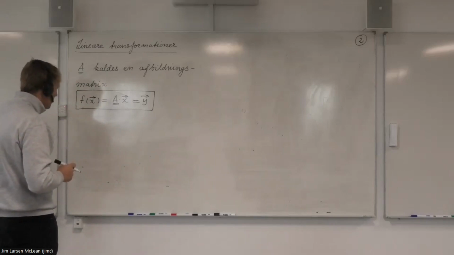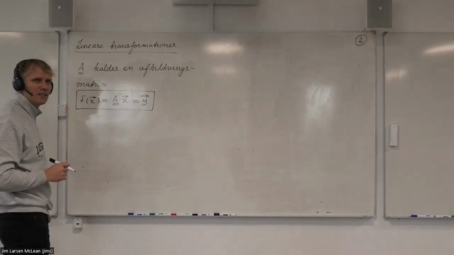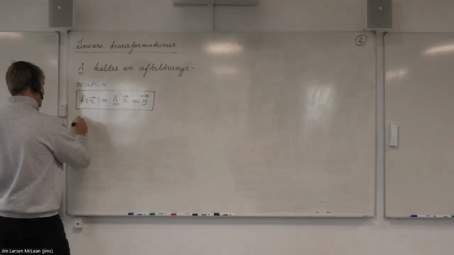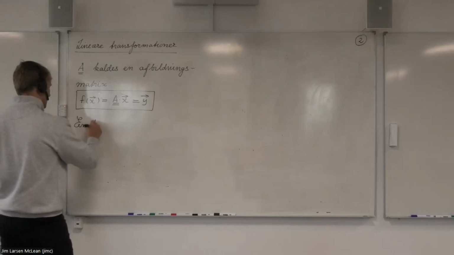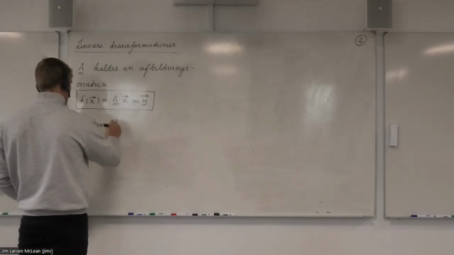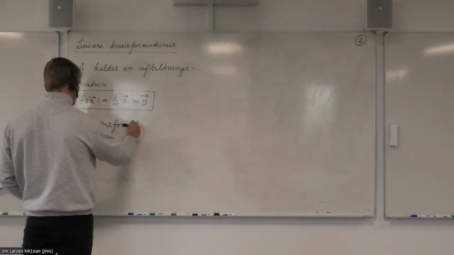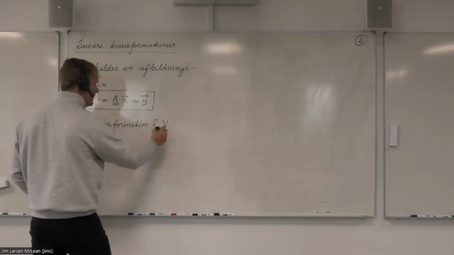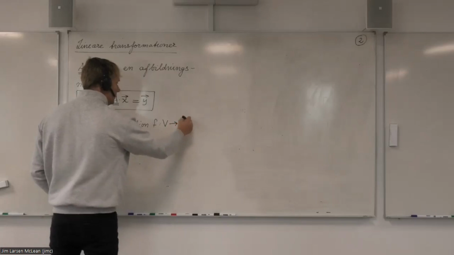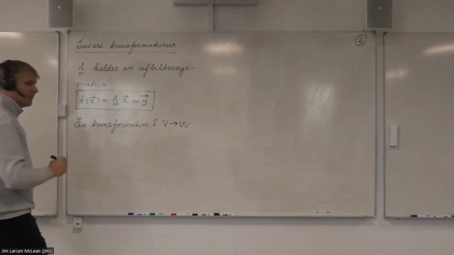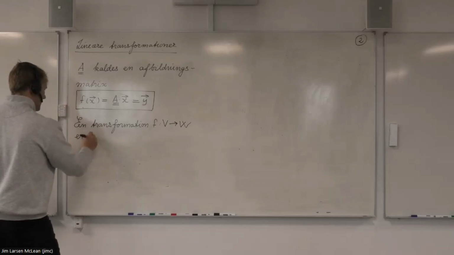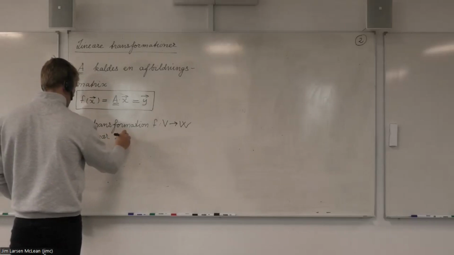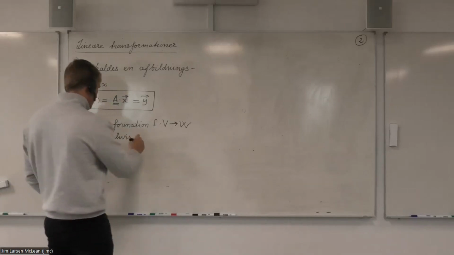What does it mean for a transformation to be linear, if you have to say it a bit more formally for an oral exam? A transformation F, which sends us from a vector space V into another vector space W, is linear if the rules apply.